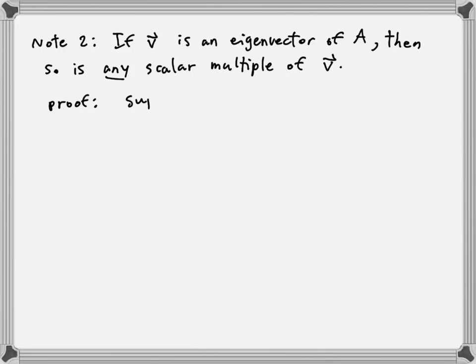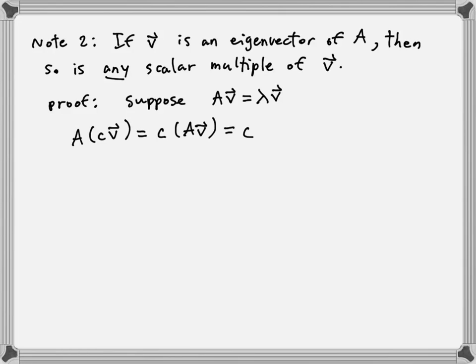Suppose that A times V is equal to lambda times V. What would A times CV equal? This is equal to C times AV, which is C times lambda V, which is lambda times CV.